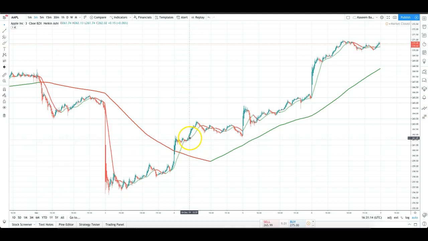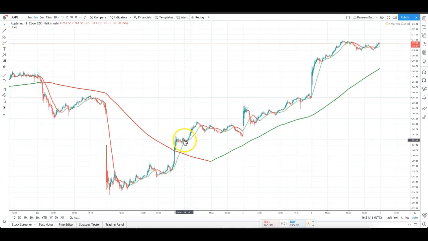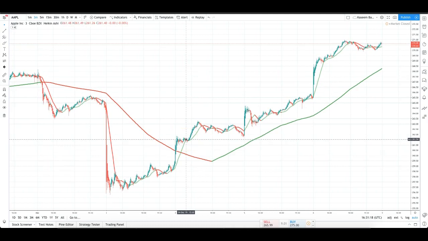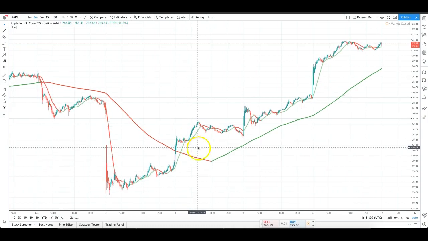So you want to enter a trade when prices get close to the 20 MA, right? And at the same time, when prices are above the 200-day moving average, that's when you want to go long. When prices are below the 200-day moving average, you want to short, right?